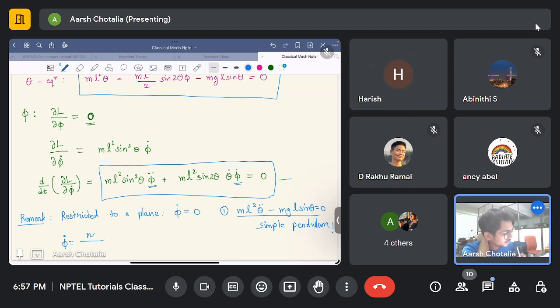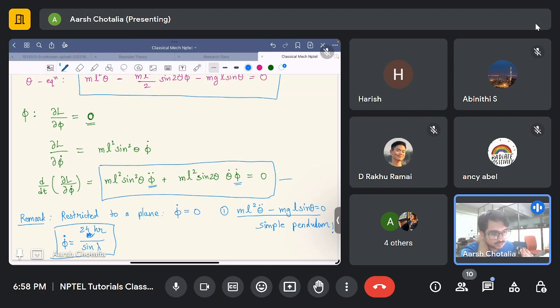So let's see. On the equator, it is 0, so the time period should be infinity. So it was like 24 hours by sine of lambda. So when lambda is equal to 90, on the poles, it would be 24 hours.